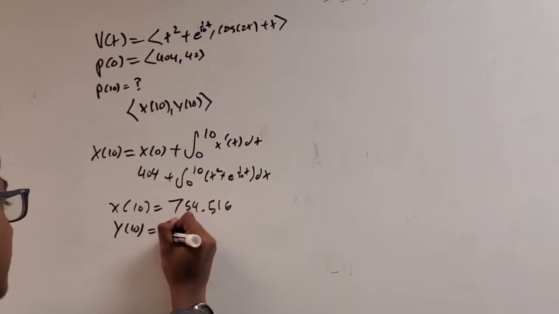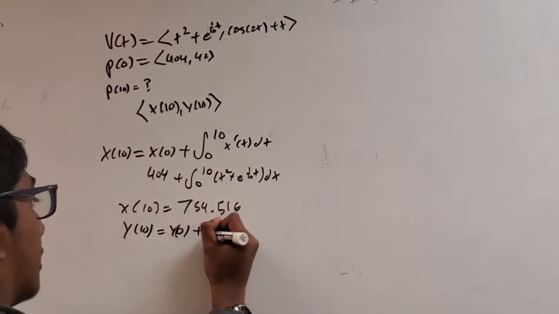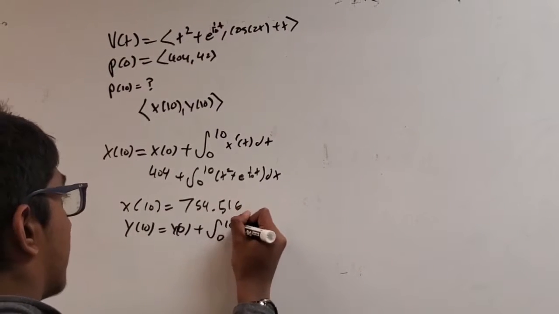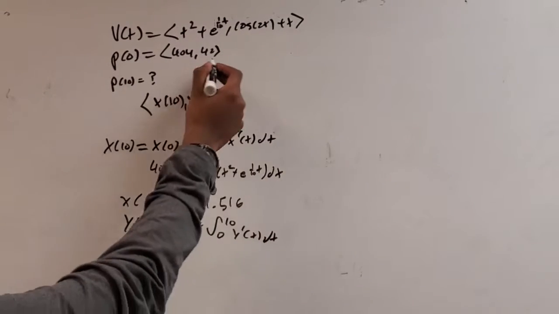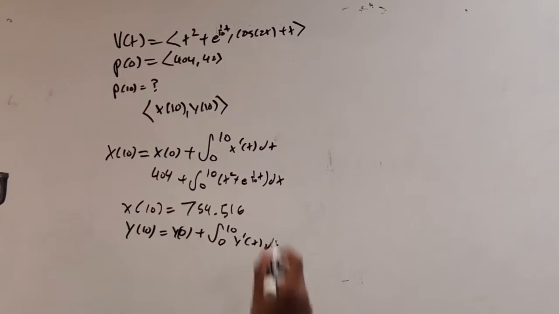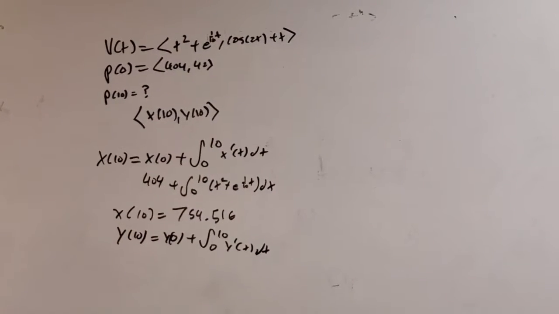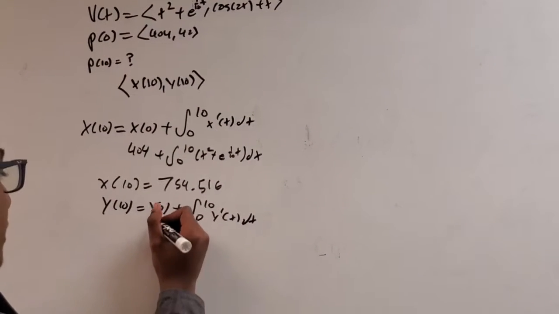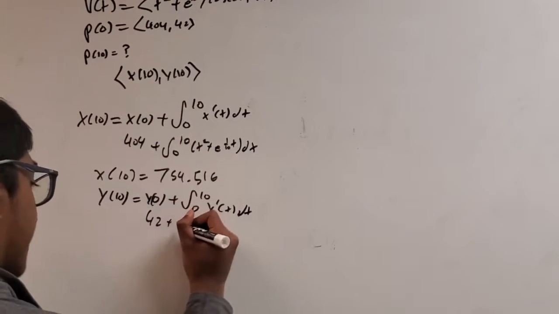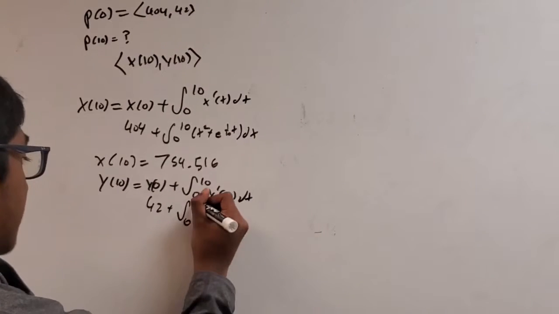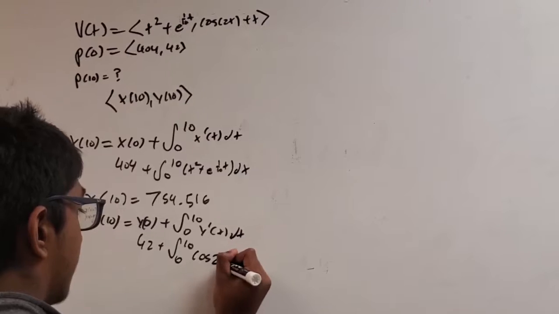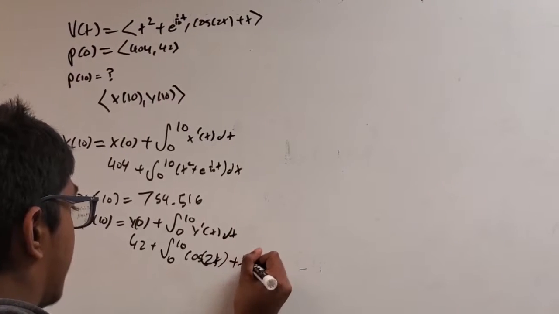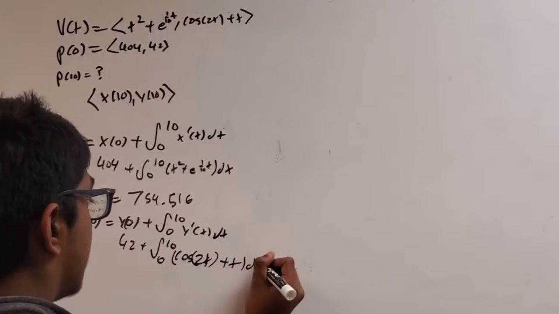I can do the same thing for y of 10. So that will equal y of 0 plus the integral from 0 to 10 of y prime of t. Y of 0 would be this part, and y prime of t would be cosine 2t plus t. So then we get 42 plus the integral from 0 to 10 of cosine 2t plus t dt.